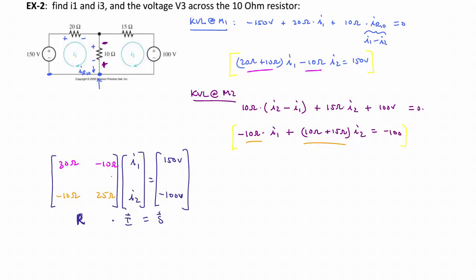And once again, you can solve for the unknown currents as the inverse of the resistance matrix times the vector S. And that would give you the currents I1 and I2. In this case, you can also just do substitution to arrive at the final result.